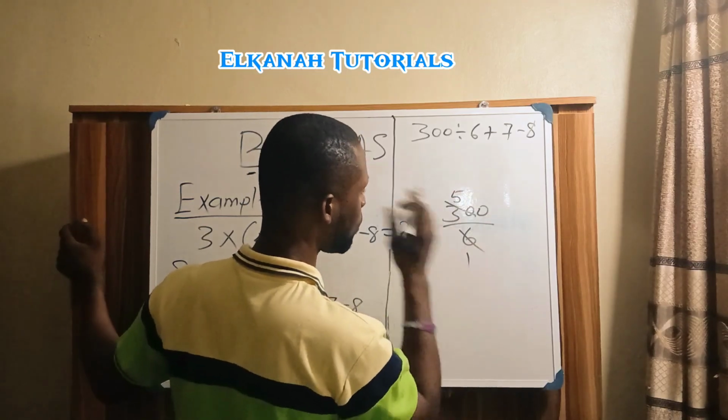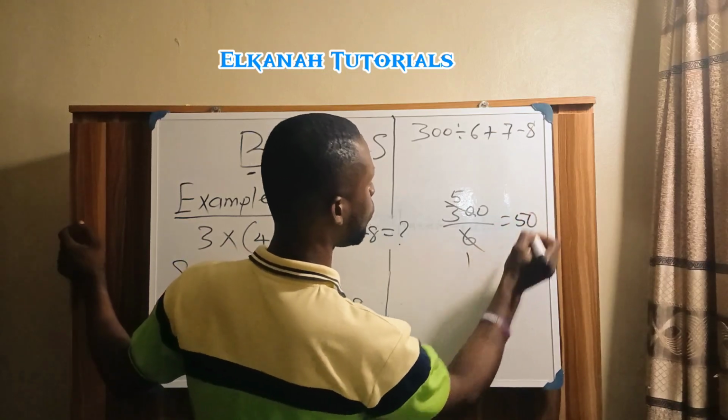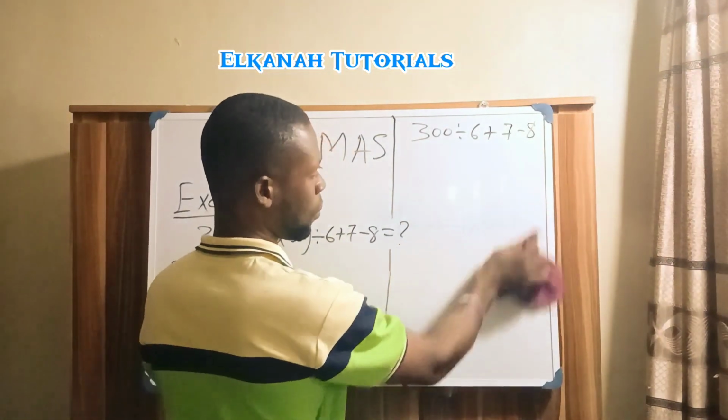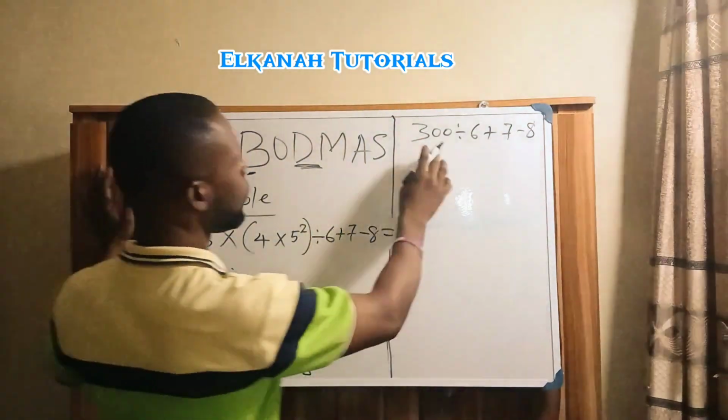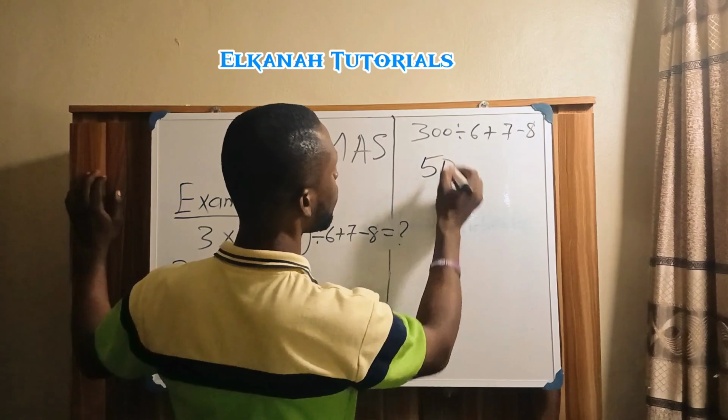So bring this here, going to be 50. So 300 divided by 6, we are going to have 50.